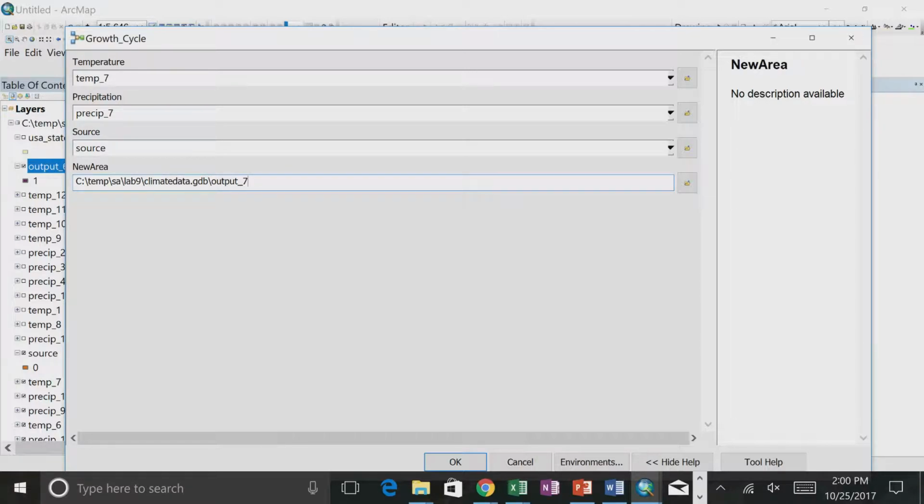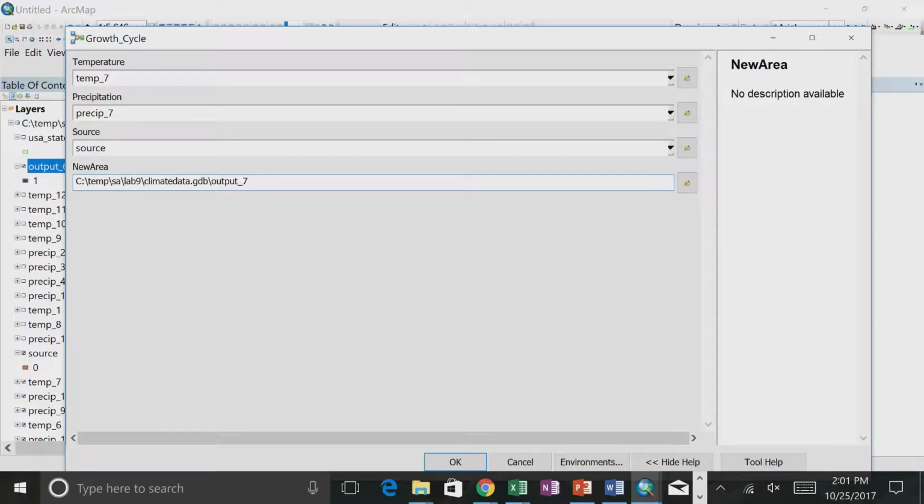Now I have to run it through double-clicking on the results. If you don't run it through double-clicking on results, you'll have to do all the environments over again. Okay? Yeah, go ahead. Just same as literally any of the other grids, but the source. Any of the temperature or precipitation grids, they're all the same. They all have the same extent, corner, and cell size.